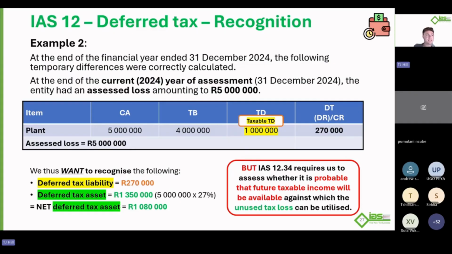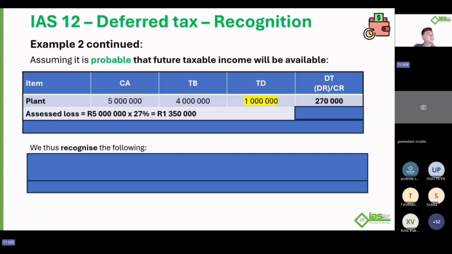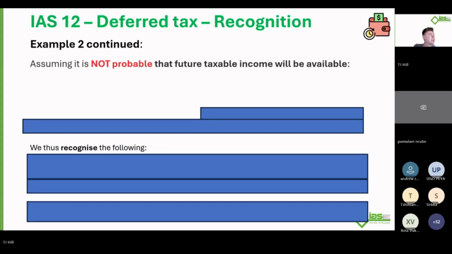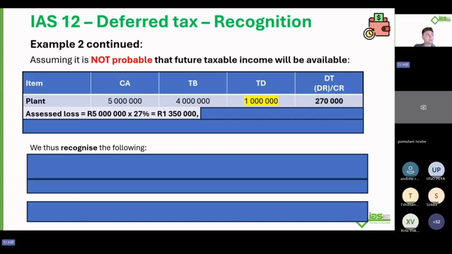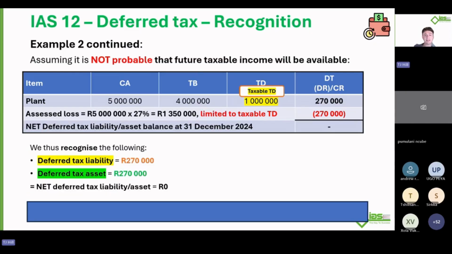Is it probable that there'll be sufficient future taxable income against which I can actually use the assessed loss? If it is probable, I will do what I wanted to do: recognize the DT asset in full. If it is not probable, I have to limit it to the taxable temporary difference, which means I get to a 0.